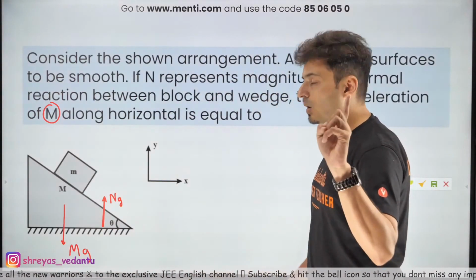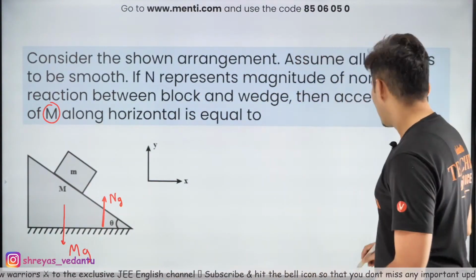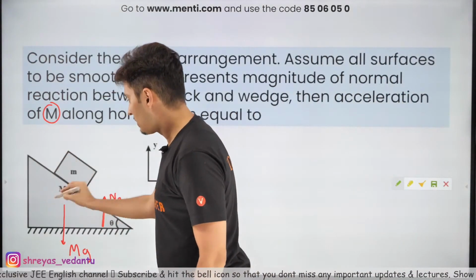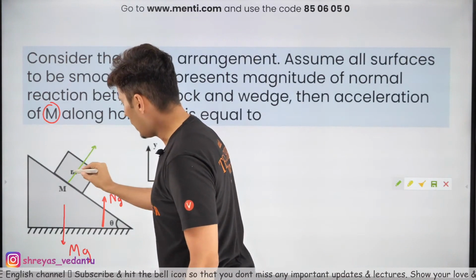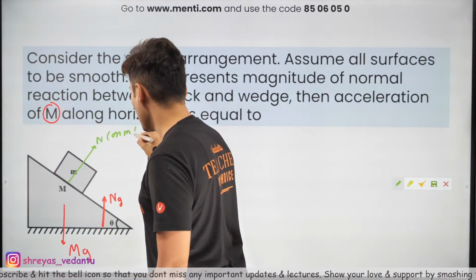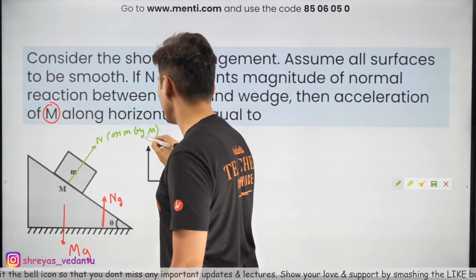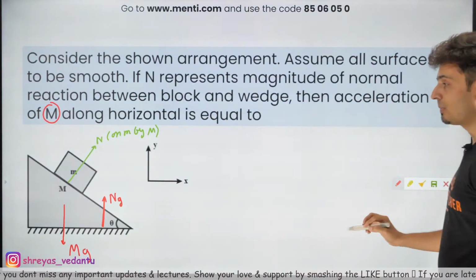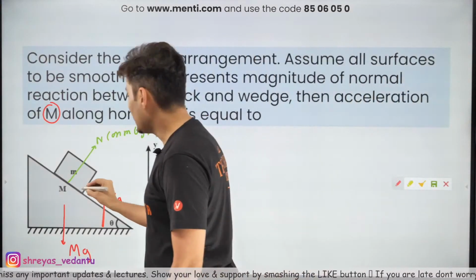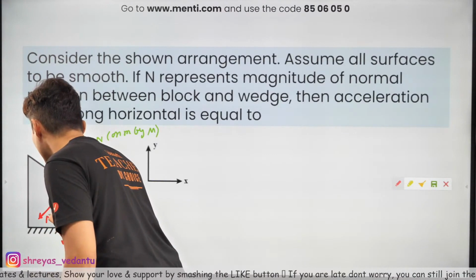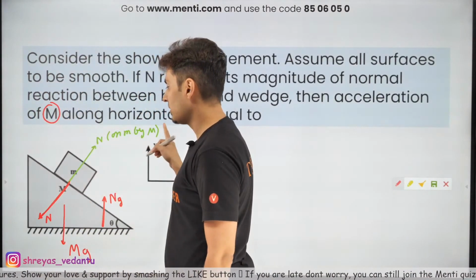Apart from that, it will also experience a normal. See guys, the wedge will exert a normal on small m. This is on small m by capital M. But there will also be a reaction by Newton's third law. So that reaction will be exactly like this, by Newton's third law.